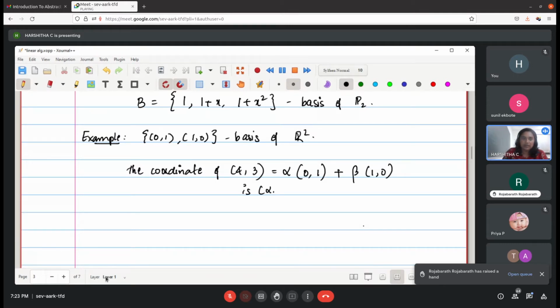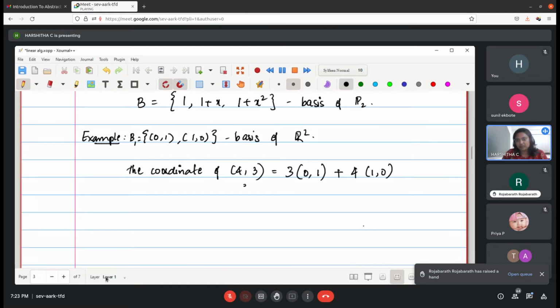So you can write it as 3 times (0,1) plus 4 times (1,0), right? So the coordinate of this, the basis is very important.